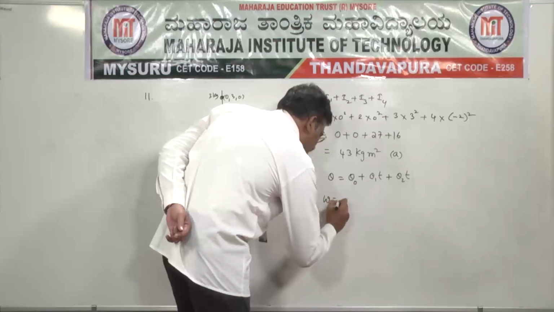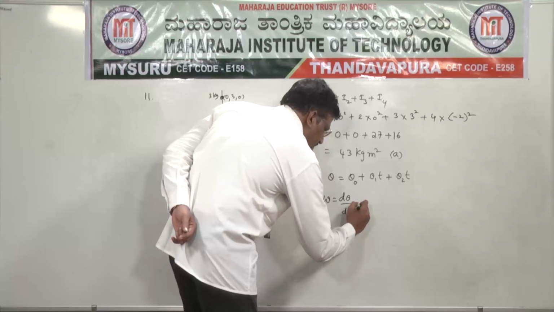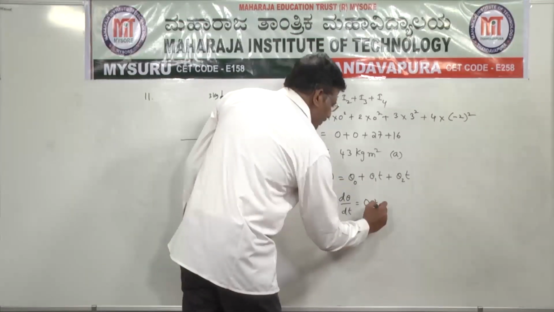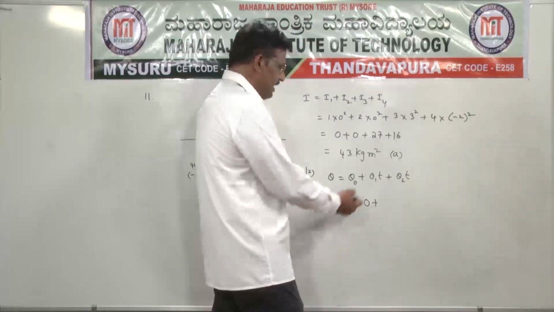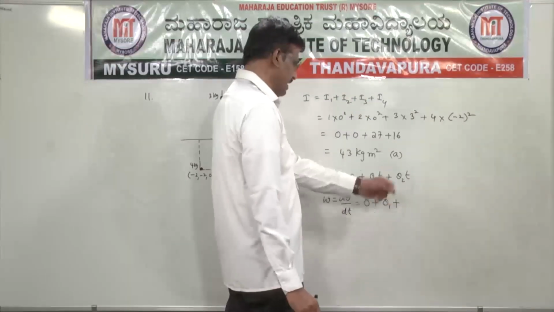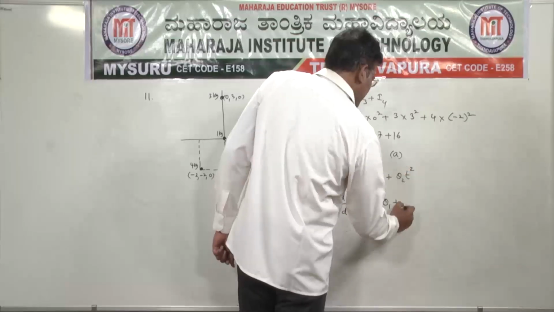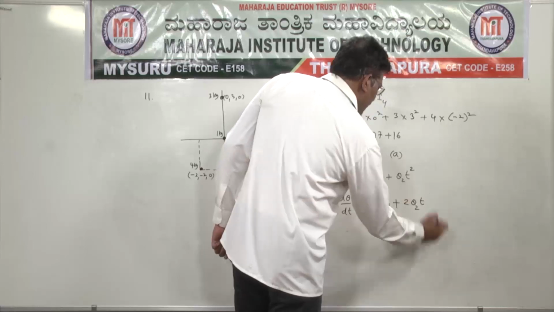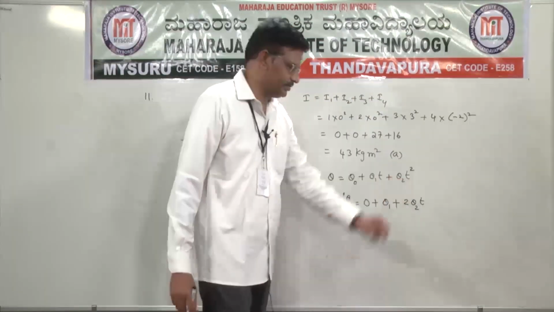So we can write angular velocity omega is equal to d theta by dt. Differentiation. Here theta naught is constant, so 0. Differentiation of any constant will give 0, and d by dt of theta 1 into t is theta 1, plus d by dt of theta 2 into t square, so 2 theta 2 into t, theta 2 constant, d by dt of t square is 2t.